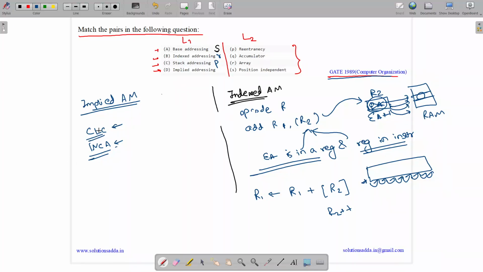We do not give any address. And here, most of the time, the operation is performed on the accumulator, as no address is given, so by default we assume it to be the accumulator. So INC means increment the accumulator value. As it is a zero address instruction, by default we assume the accumulator. Thus implied addressing mode is mapped to accumulator. Thus the options mapping is S, R, P and Q.